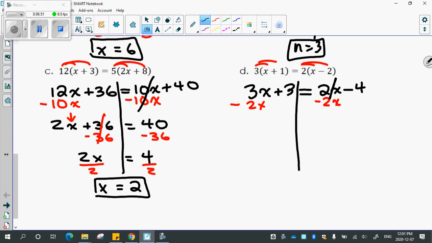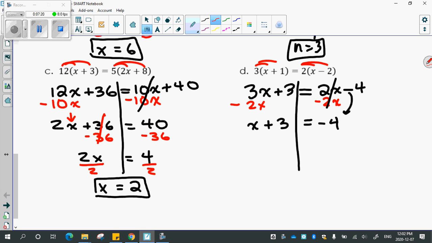So 2x minus 2x, I did it to create a zero pair. 3x take away 2x is 1x, or I could just leave it as x, because 1x and x mean the same thing, so it's up to you. But you don't need to have that 1 there. Plus 3 equals, and the sneaky negative here, negative 4. So don't drop that sneaky negative sign. Okay?